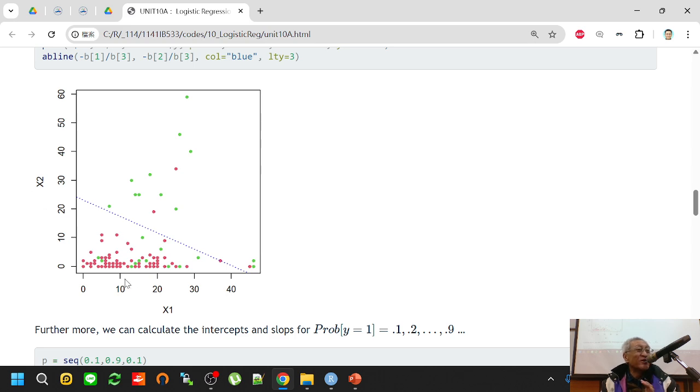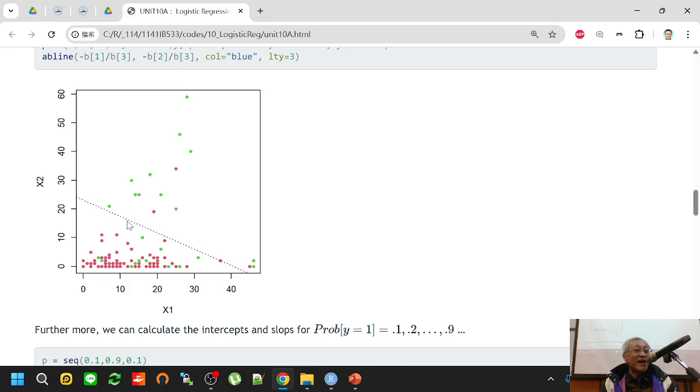So in the x space, the method finds a line to distinguish the points of y equal to 1 and the points of y equal to 0. The way it does it is to draw a line where the probability of y equal to 1 equals 0.5.